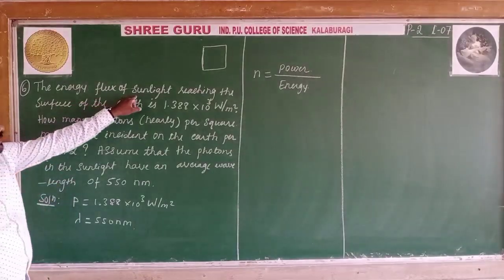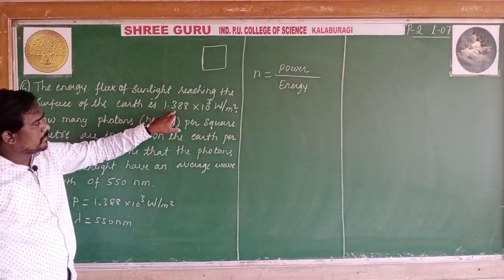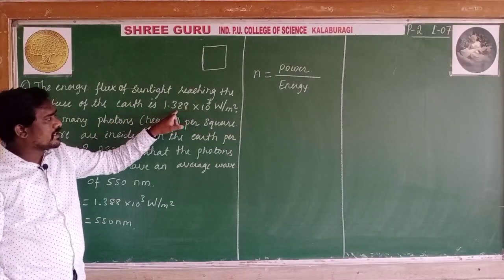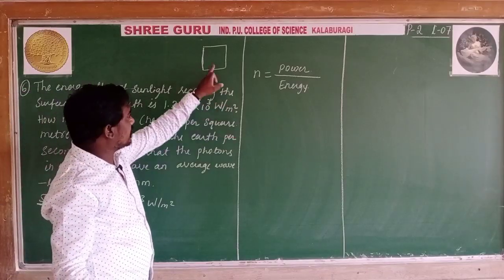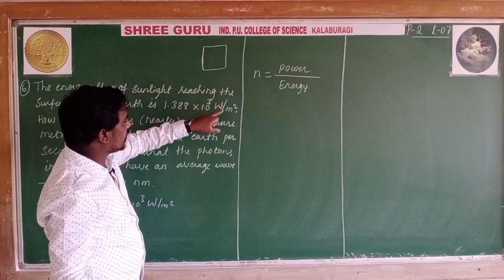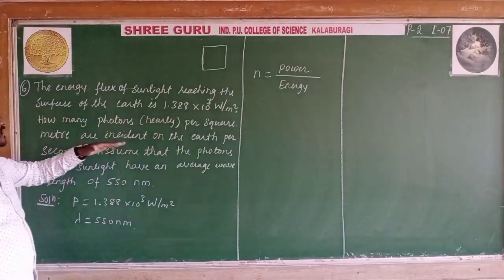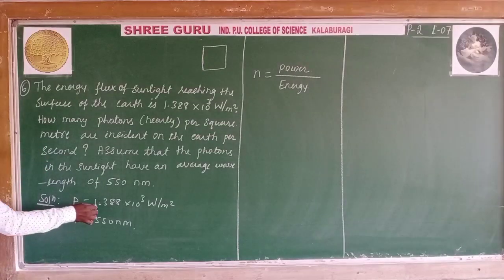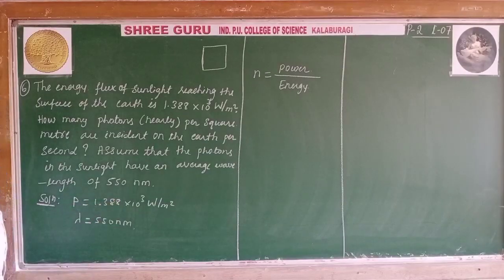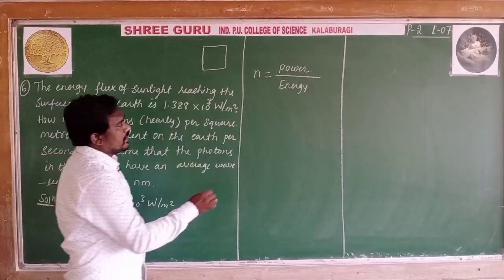The energy flux of sunlight reaching the surface of the earth is 1.388 into 10 to the power of 3 watt per meter square. This much power is incident on that particular square area as photons, and this is the wavelength.